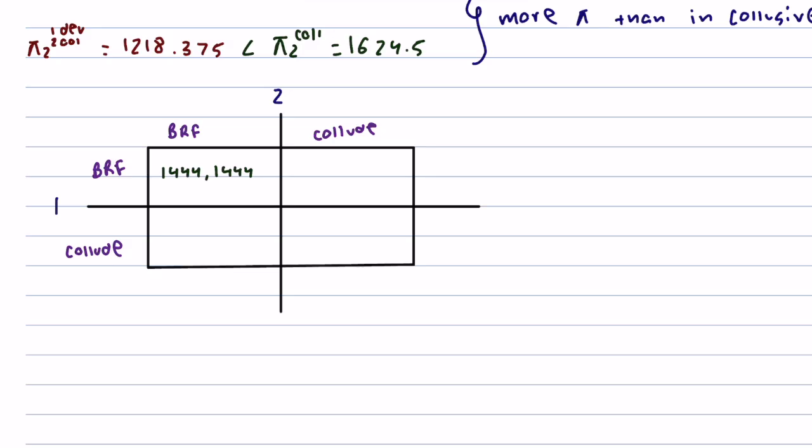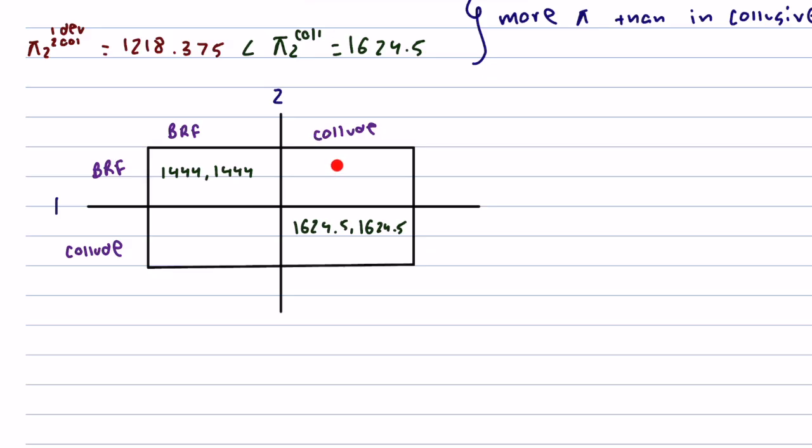We know if both firms collude, both firms are going to make $1,624.5, right? So firm 1 is going to make $1,624.5, and firm 2 is going to make $1,624.5.